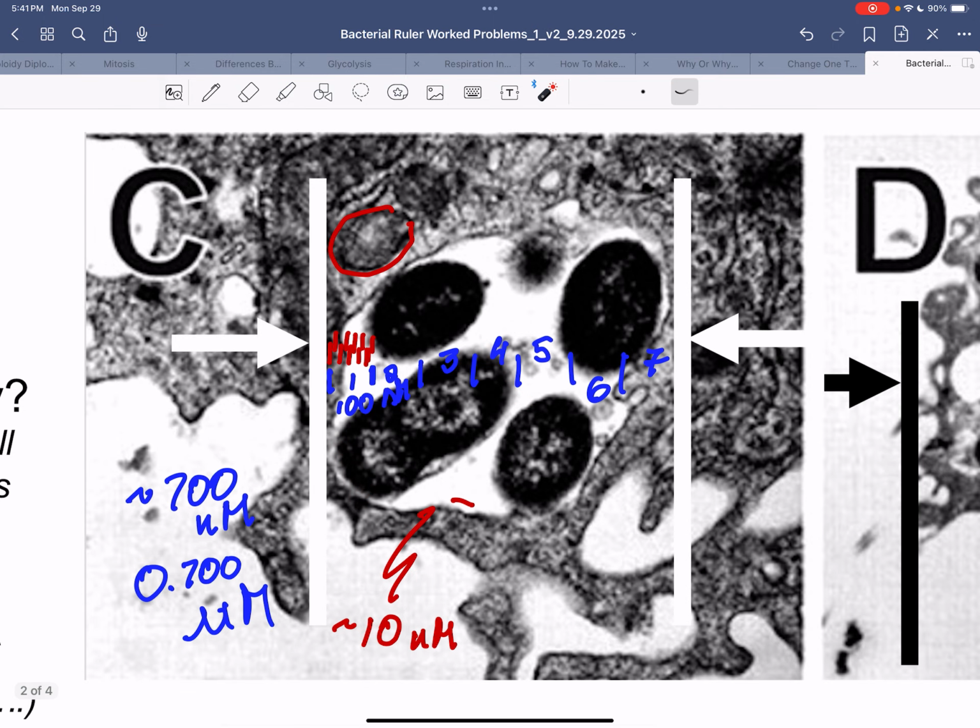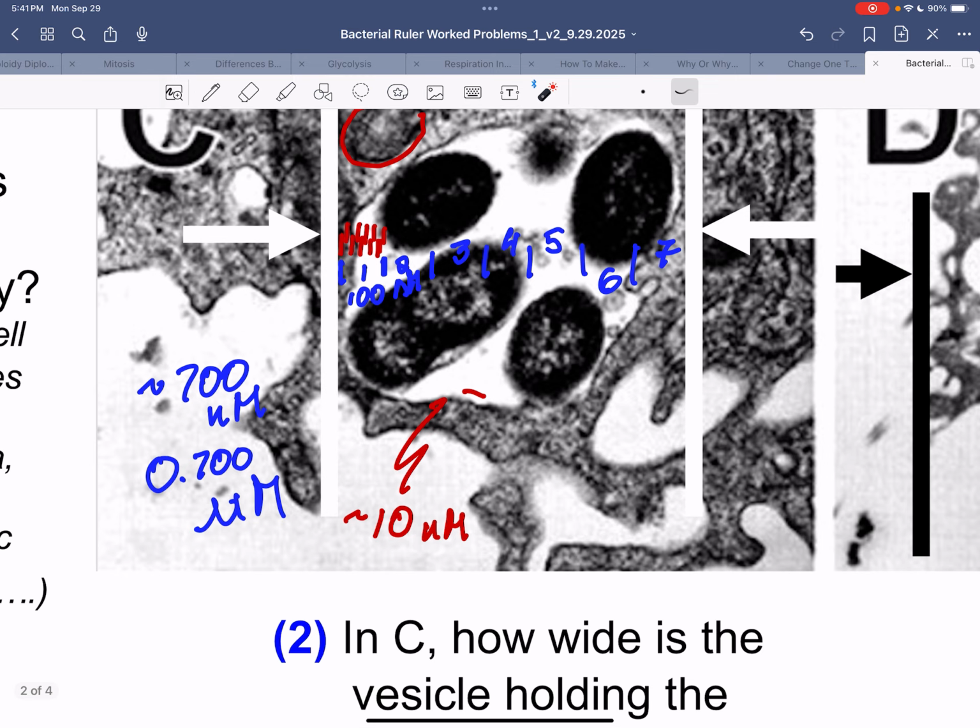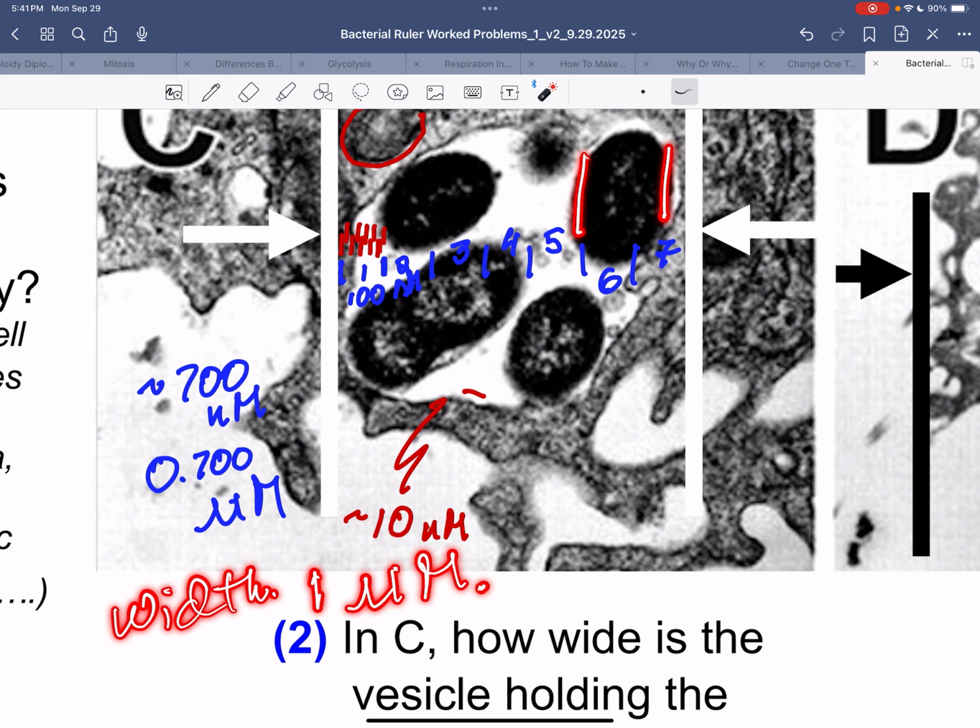Well, the width of bacteria, at least of an E. coli, is about 1 micron. So if that's 1 micron, then this whole thing would be about 1, 2, 3 microns.